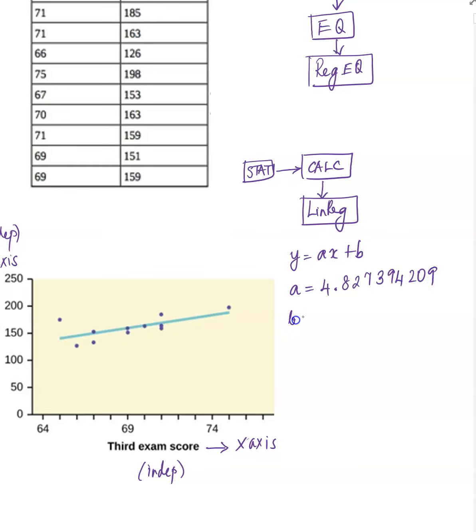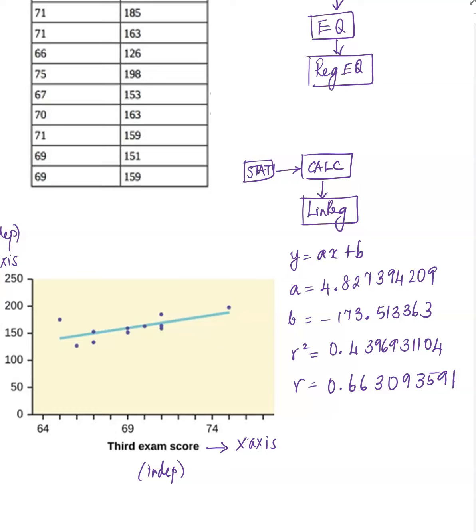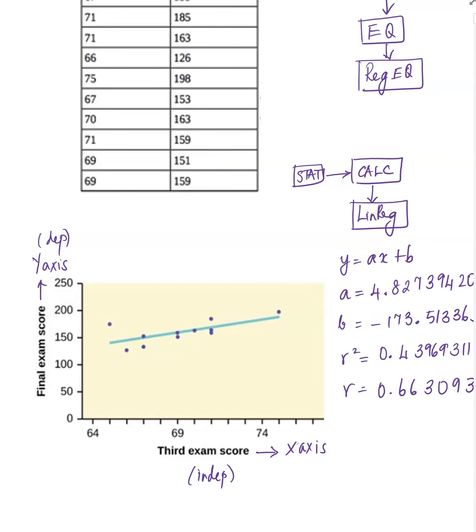4.827394209, b is negative 173.513363, r squared is 0.439692104, and r comes out to be 0.6630933591. Right now we are focused on this regression equation.